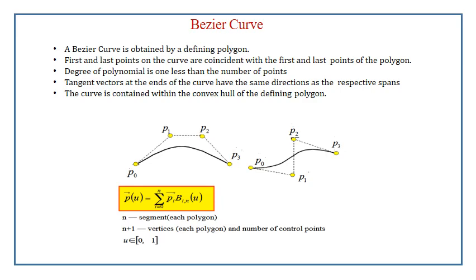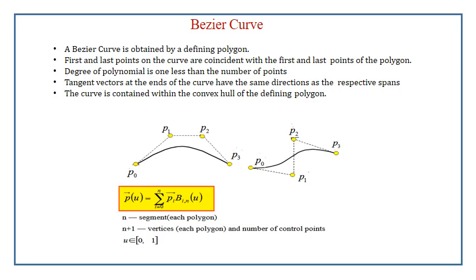A curve can be cut down into a number of small curves, and all those small curves are also Bezier curves. But finally the curve can be obtained by only the first and the last points, and these are coincident with the first and last points of the curve.